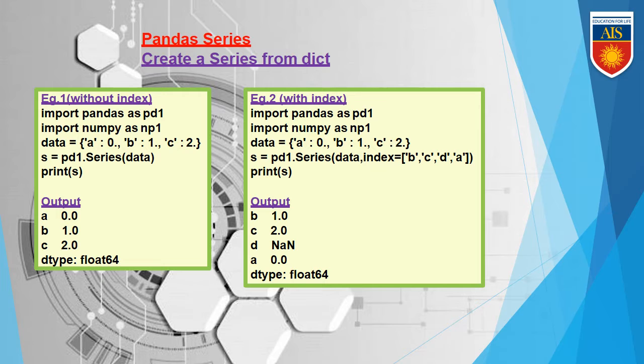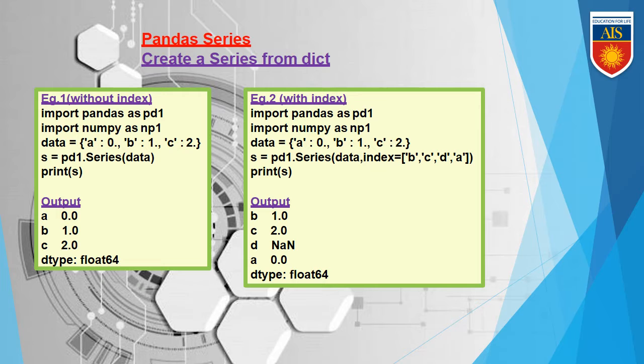Next option, which is with index. Import pandas as pd1, import numpy as np1, data equal a 0, b 1, c 2, like previously. s equal pd1.Series(data, index) b, c, d, a, print s. So the output will be b as 1, c as 2, d as NaN, a as 0.0.